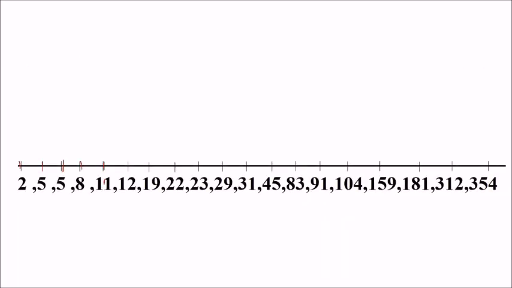So, atong buhaton, class, is isulat ra ni tanan natong data, and then, butang na kog number line diri. So, para malinya siya. So, atong ilocate ang ato ang second quartile. So, naa diri. So, mao ni siya ang ato ang second quartile. First quartile is ang 11. This is our first quartile. And then, atong third quartile is 104.